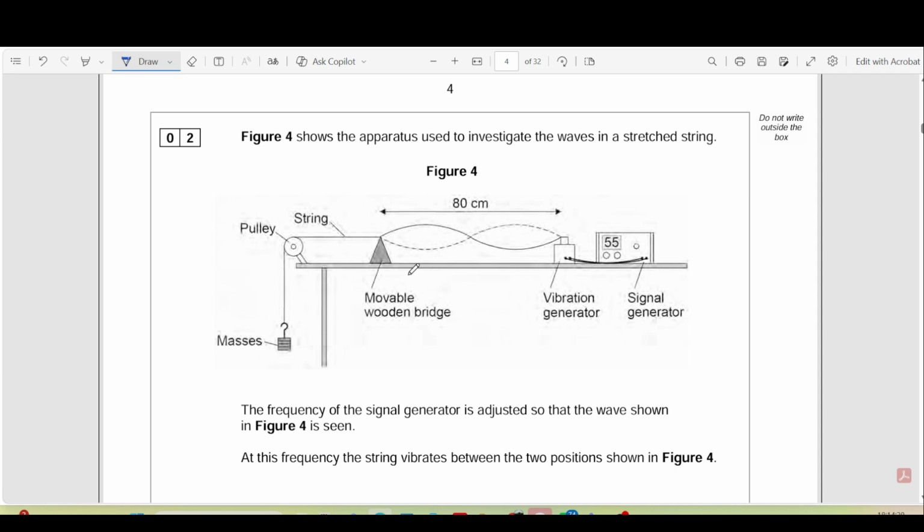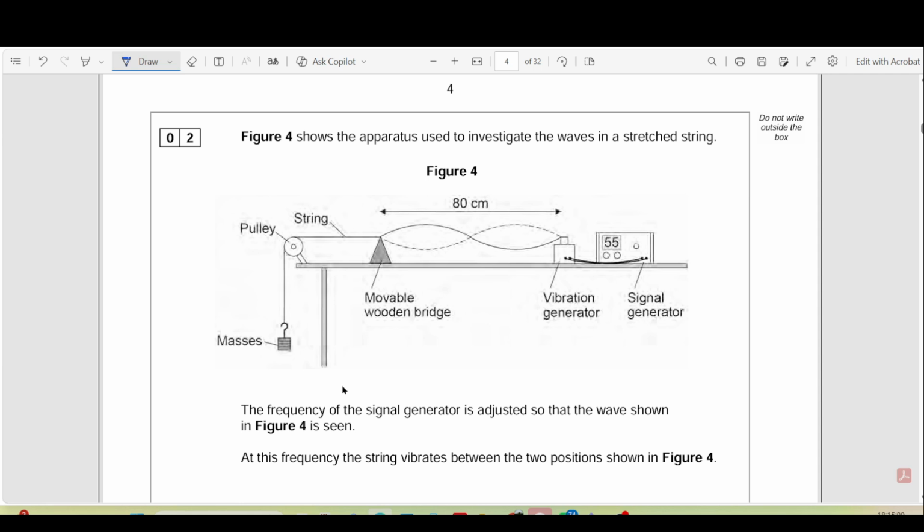So you could increase the tension on the string by adding more masses. Yes, he can vary the tension by adding more masses, which create standing waves. Add more mass to the pulley to increase tension on the string.